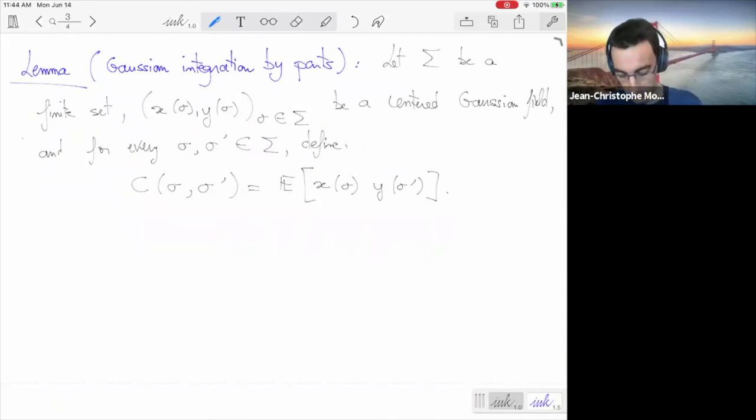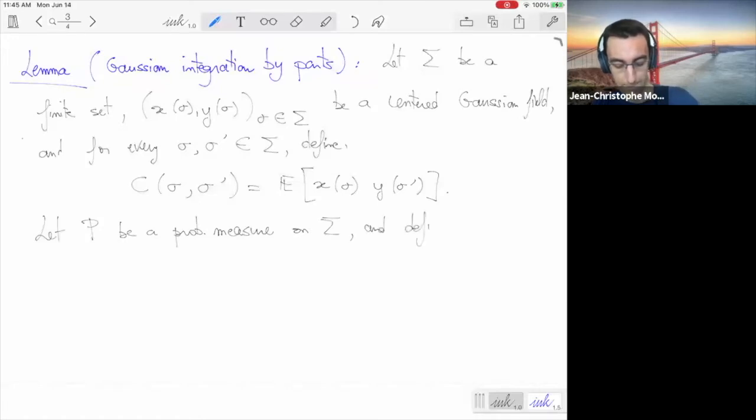Okay, so what do we need on top of this? We need this reference measure to define the Gibbs measure. So let's call it P. And now define the Gibbs measure.